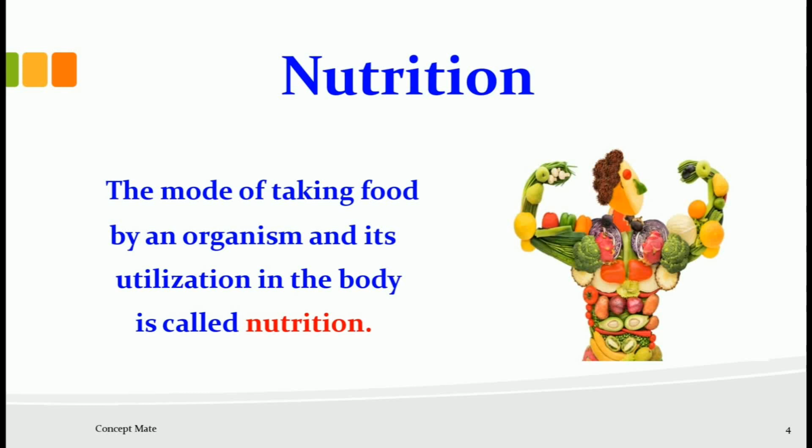All living organisms need food for living, and the mode of taking food by an organism and its utilization in the body is called nutrition. Therefore, every living being needs nutrition for survival.